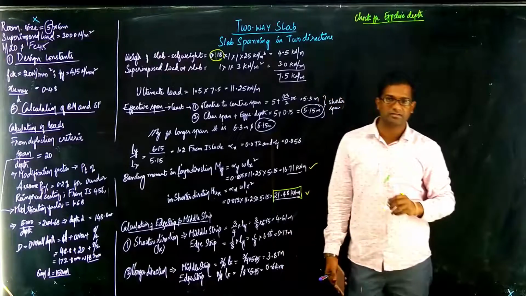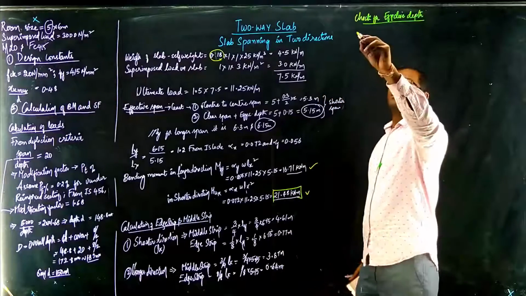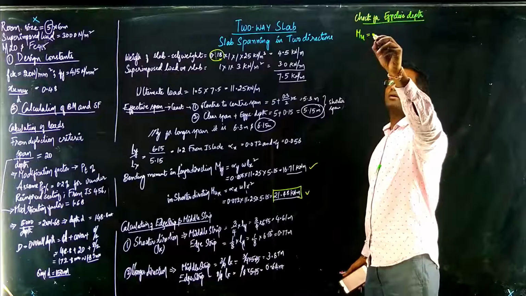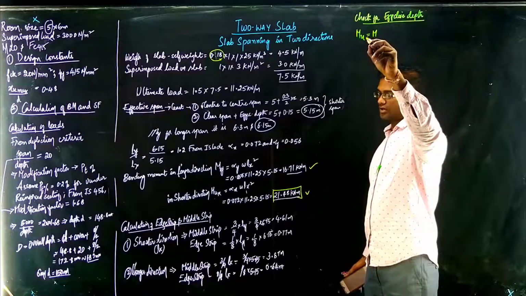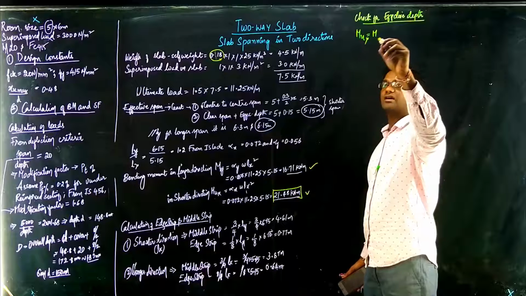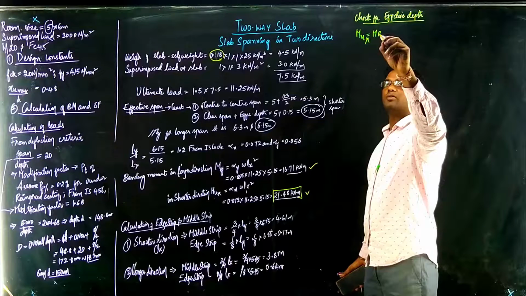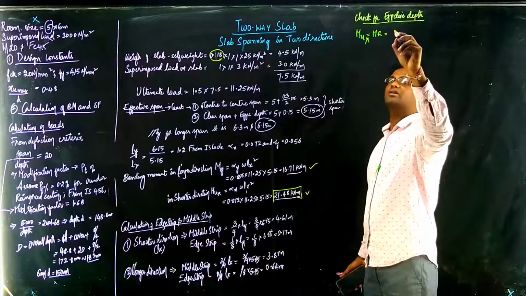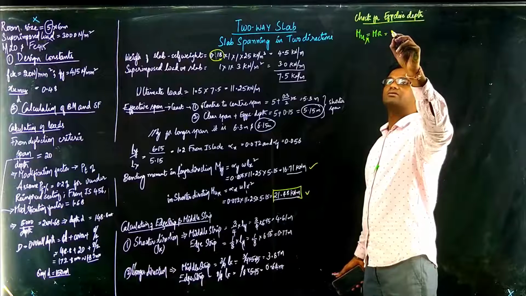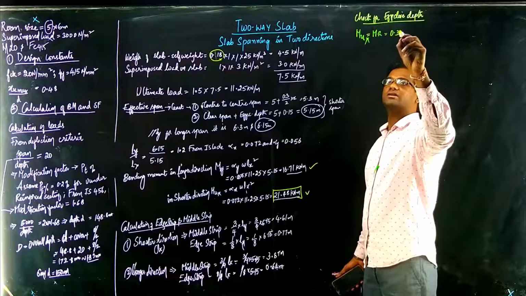Now assuming it is a balanced section, I'll equate the ultimate moment along X direction to the moment of resistance of balanced section, right? That is how much it is?